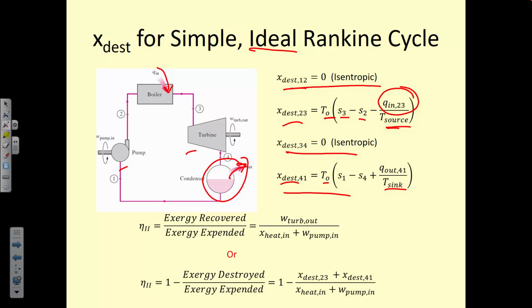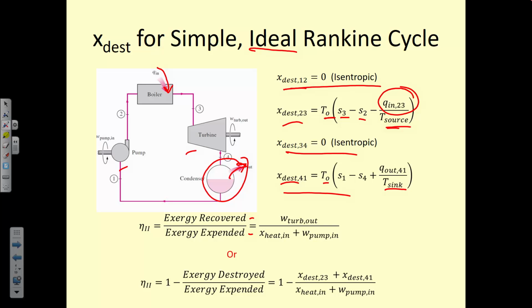Now we can look at the second law efficiency in terms of the exergy recovered over the exergy expended. There's also an alternate way of looking at the second law efficiency, and that's the thermal efficiency of the actual cycle divided by the thermal efficiency of the reversible cycle.